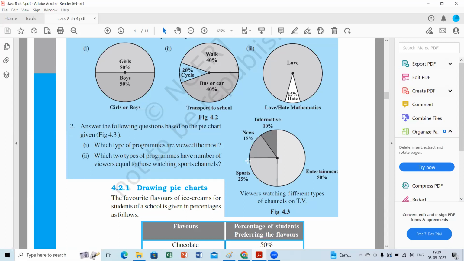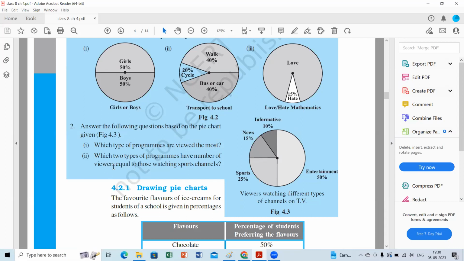Entertainment, 50% of people are watching. Sports 25%, news 15%, and the rest, information, 10%. This is the data they gave through the pie chart. The most viewed is entertainment.